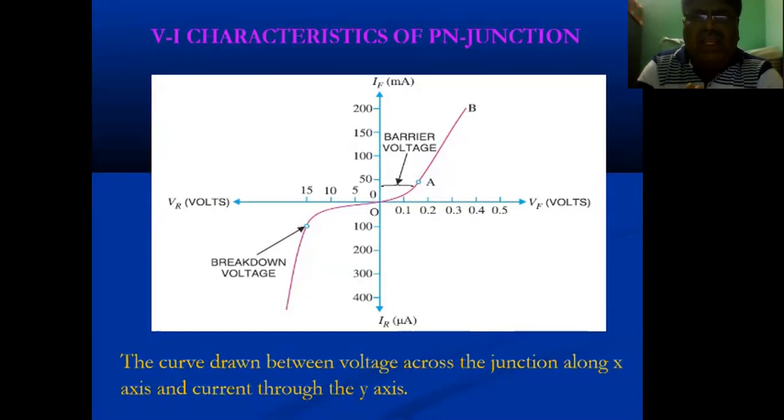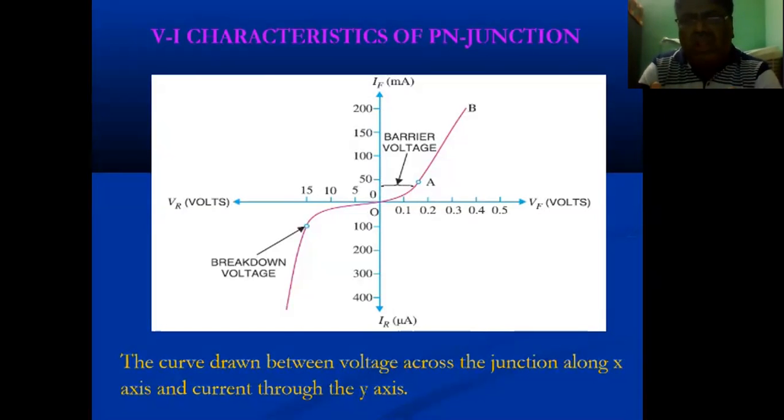Here at 0.1 there is no current. After 0.1, some current will pass, that is forward biasing. On this side, the breakdown voltage belongs to reverse bias.